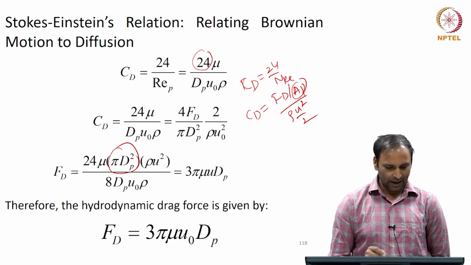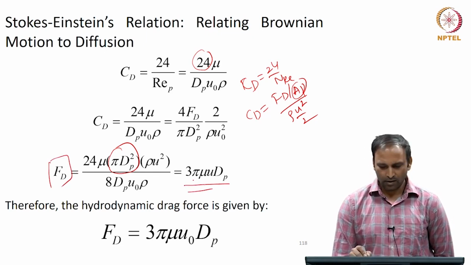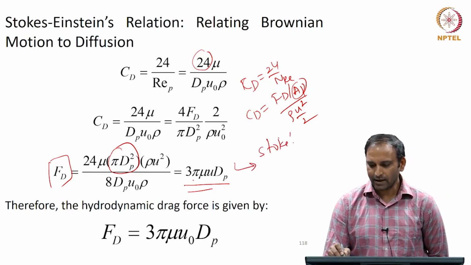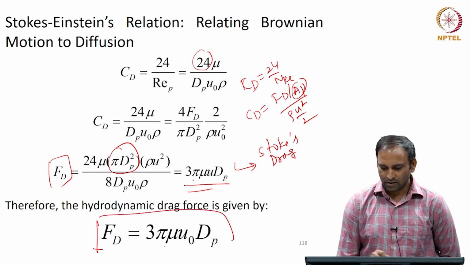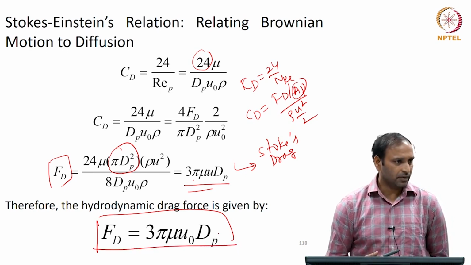If I substitute for all of that, you get Fd as 3 times pi mu u into dp. This is the well known Stokes drag. Essentially, you end up with the expression for drag for a spherical particle moving in a fluid.